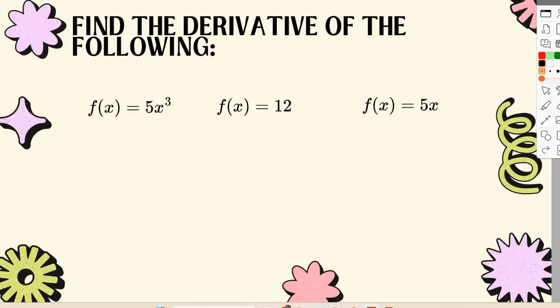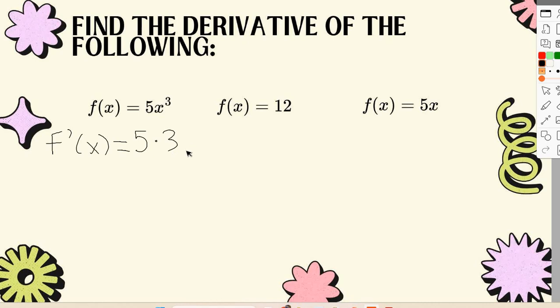So find the derivative of the following. So I have f of x equals 5x to the third. So how do I denote my derivative? There we go. Okay, so again, I have a 5. The 5 is just going to stay by itself out to the front. I'm going to bring down my original exponent.